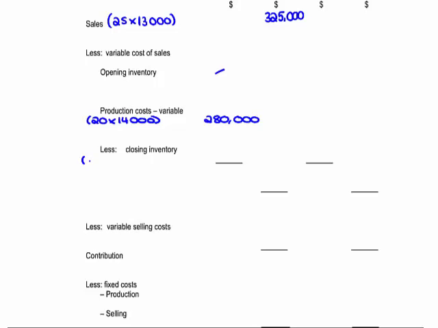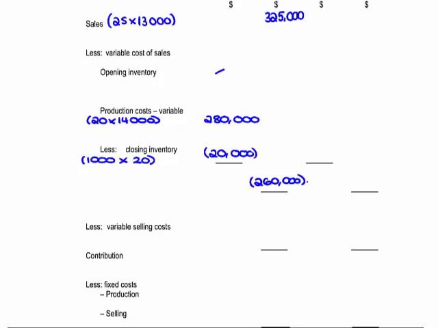Now we made 14,000 but we only sold 13,000. So we have 1,000 units of closing inventory, and they will be valued at the variable production costs of $20. So closing inventory is worth 20,000. So what that means then is that we have a cost of goods sold of 260,000.